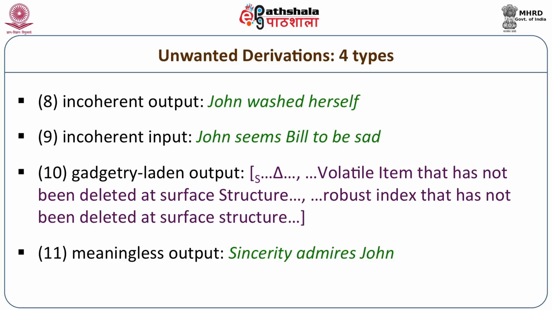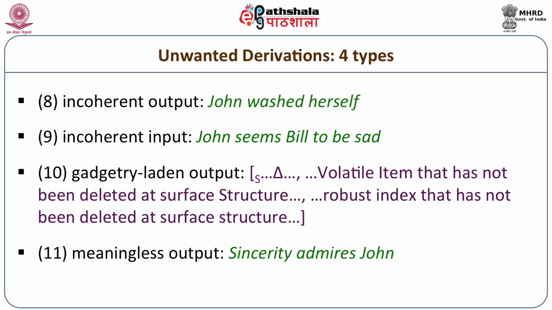The reason John seems Bill to be sad leads to a bad derivation, incoherent input, can also be expressed by saying that you didn't put the right quantity of gadgetry there. Instead of generating a delta subject upstairs, you have generated an actual overt subject, and the two overt subjects are going to clash in the presence of a raising to subject trigger like seem.